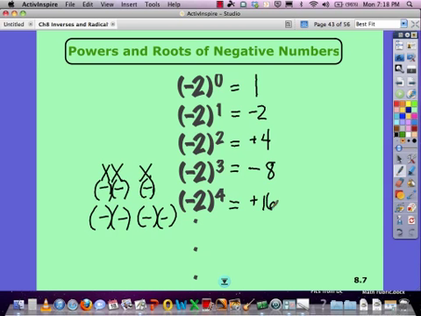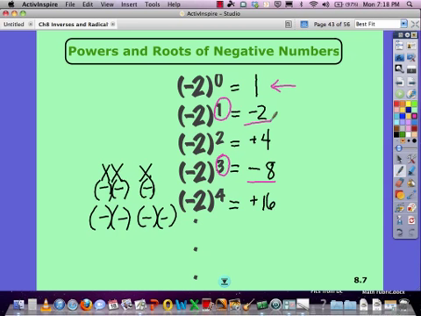So start looking. There are definitely some patterns here. Do you notice, again, that anything to the 0 power is always 1? It's the only one here that's not a multiple of 2. Then you're starting to notice I have the odd-powered negative. And on my odd power negatives, notice, we don't care how big the number is, but we do care if it's an odd amount of negatives that we're multiplying, we are going to get a negative result.